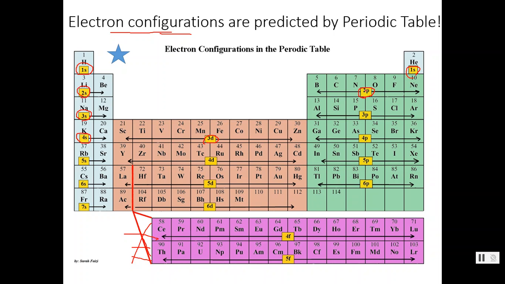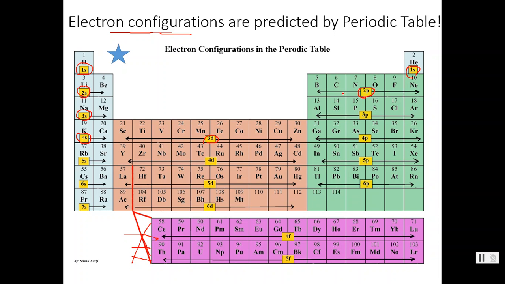Those little trends in the yellow box along with the arrows are going to help you remember what principal quantum number and orbital letter to use when writing the electron configuration for an atom. So if you need to stop the video now and do that, you can go ahead and do that.